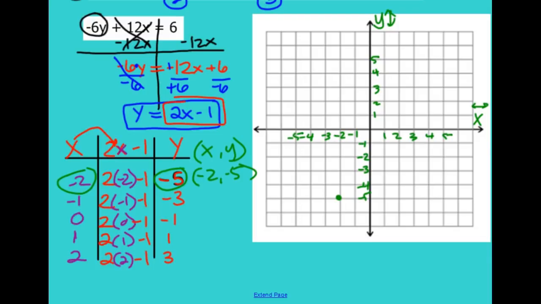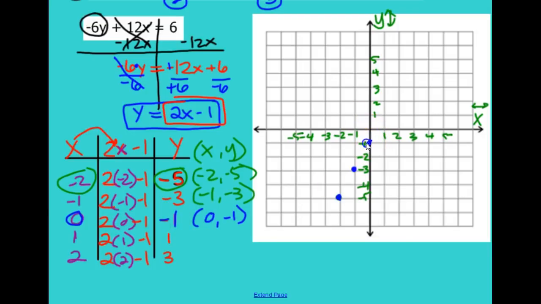So our next point, we have negative 1, negative 3. We already plotted our first one. Our next one is negative 1 to the left, and negative 3 on our y-axis is down 3. Then 0, negative 1. 0 is not left or right, it's just in the middle.